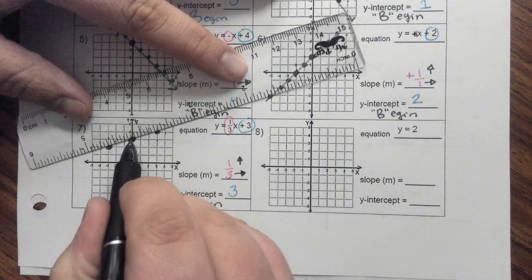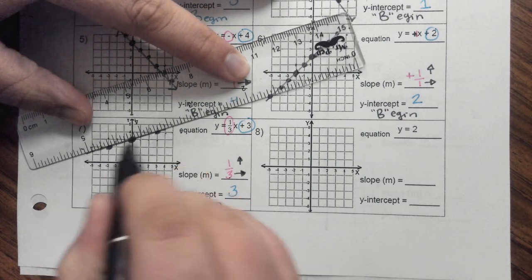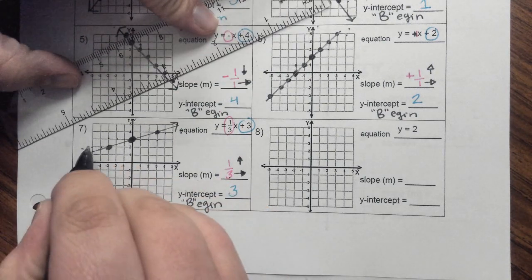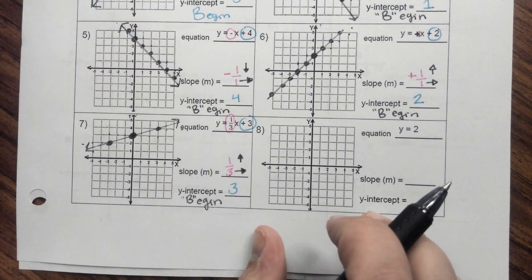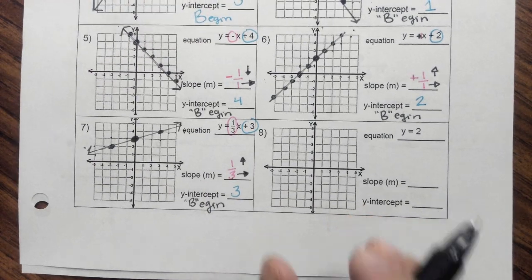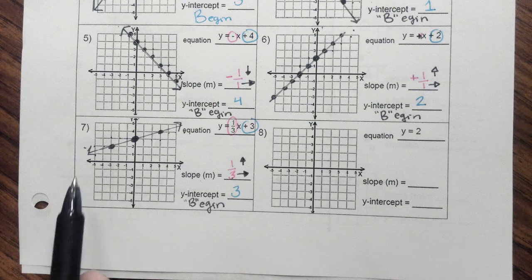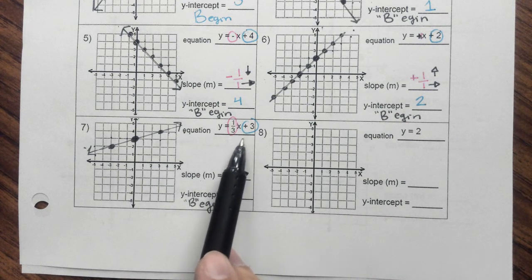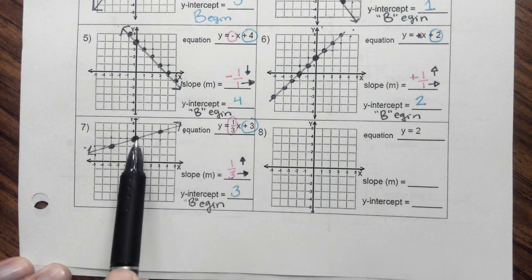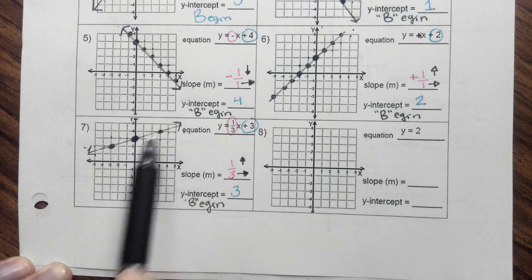Now I can go ahead and trace the line. And that's the linear equation 1/3 x plus 3. This has a y-intercept of 3 and the slope of 1/3.